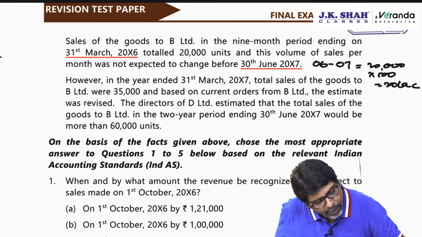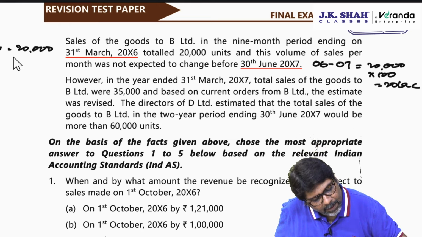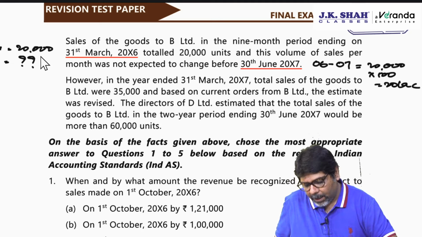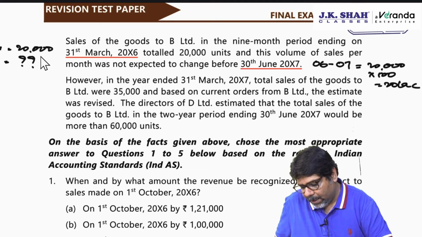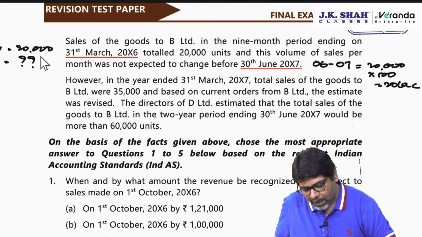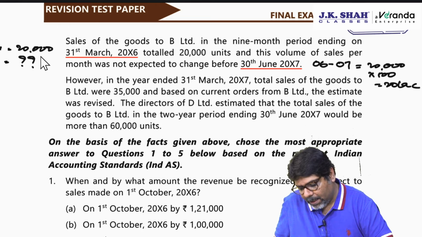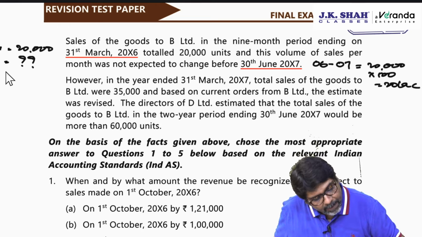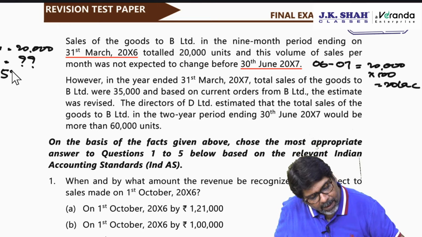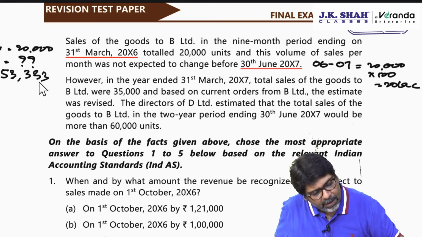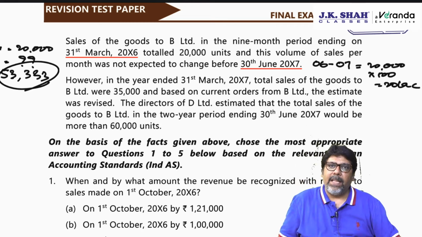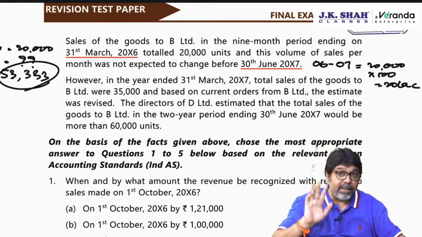In 9 months they have sold 20,000 units. Therefore, in 24 months how many units are they expected to sell? 20,000 divided by 9 into 24 is roughly 53,333, which is less than 60,000 units.